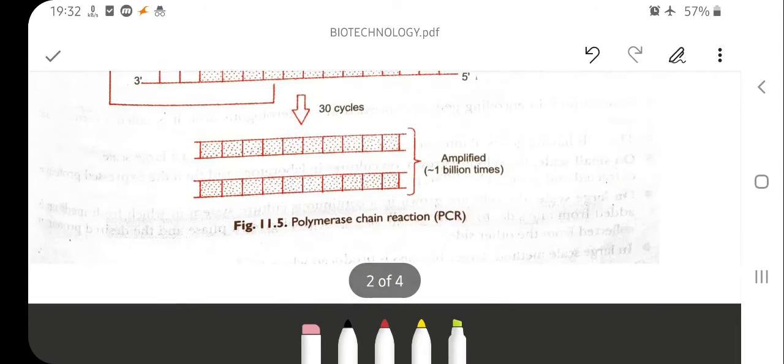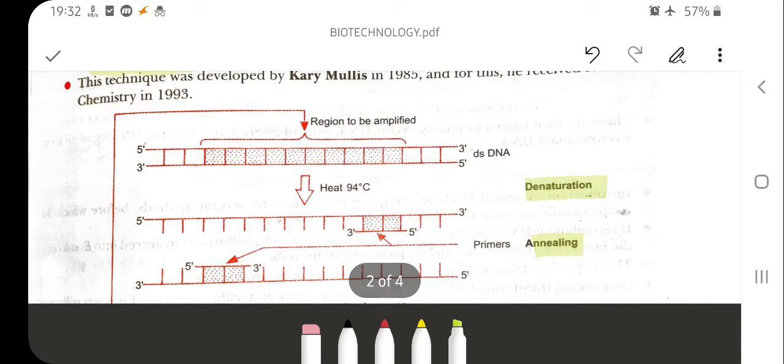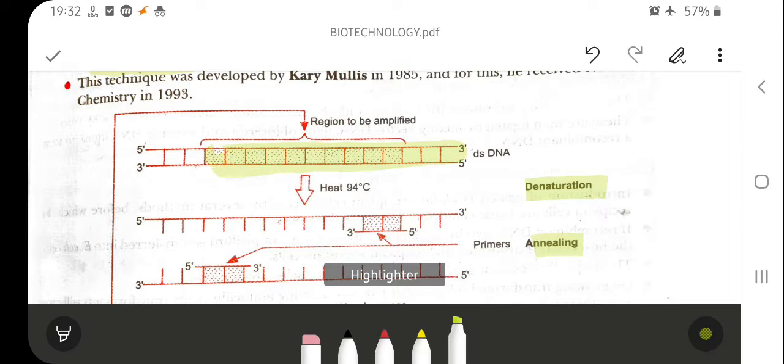Diagrammatically you can see, at the higher temperature, this is the segment of the DNA which has to be amplified. At the high temperature, that is 94 degrees centigrade, it is heated and gets denatured. The double-stranded DNA is separated out, and each strand of the DNA, this strand as well as this strand, acts as a DNA template, meaning a new complementary strand will be synthesized along with the parent strand.